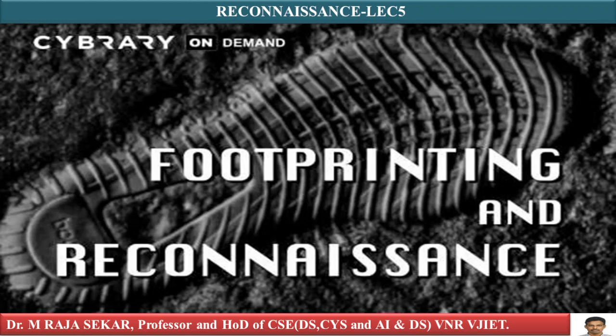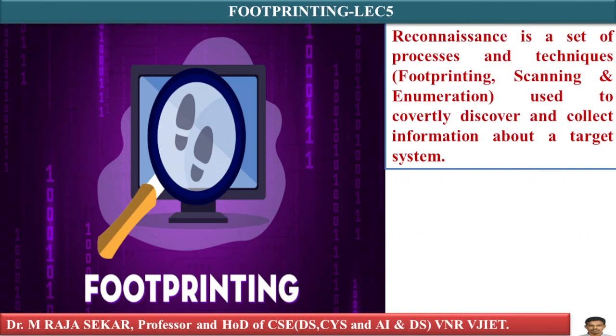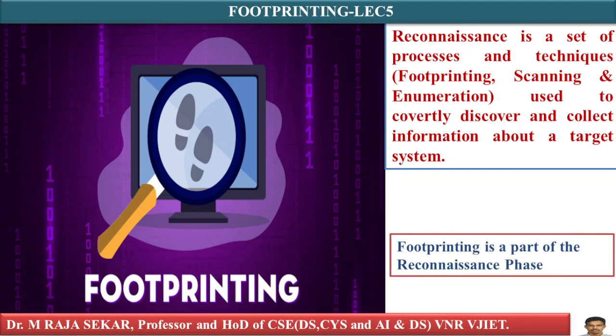Now we will try to understand what is footprinting, and what is the relation between footprinting and reconnaissance. Footprinting is part of reconnaissance in which the hacker tries to gather target system information in active and passive ways.